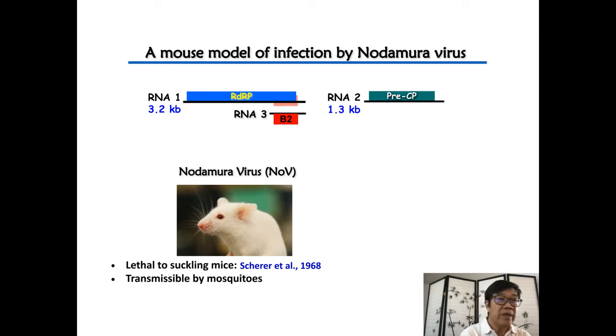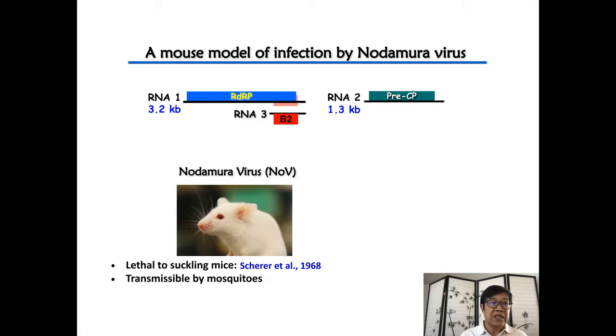So Nodamura virus, or NoV, is not a human pathogen, but it causes lethal disease in suckling mice and can be transmitted by mosquitoes, Aedes aegypti. So it is an arthropod-borne virus.